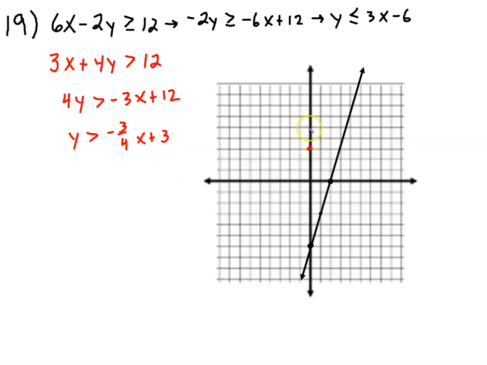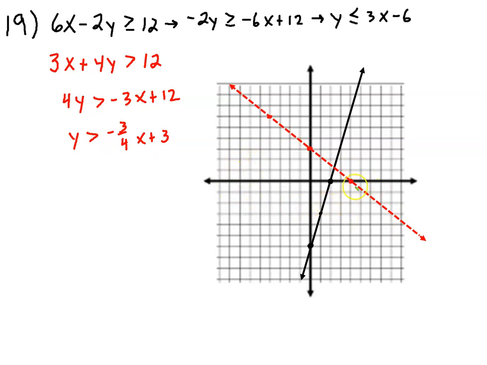Count a slope of -3/4, up 3, left 4. Down 3, right 4. This one's going to be dotted, because it doesn't say or equal to.